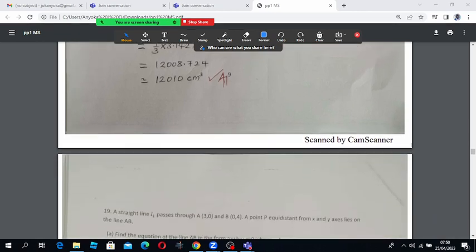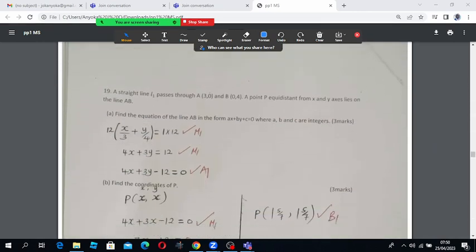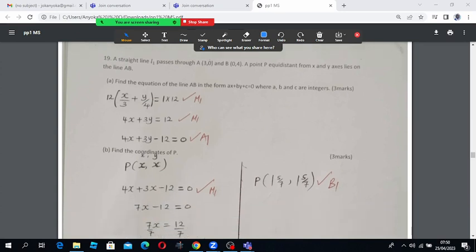We can move to question 19. Yes. Well. Question 19. A straight line L1 passes through A and B. A point P equidistant from X and Y axis lies on the line AB.